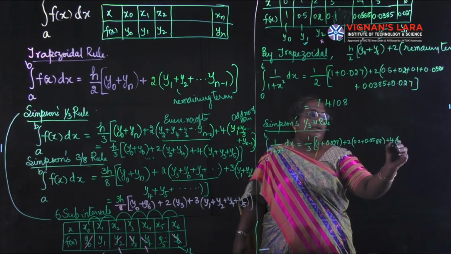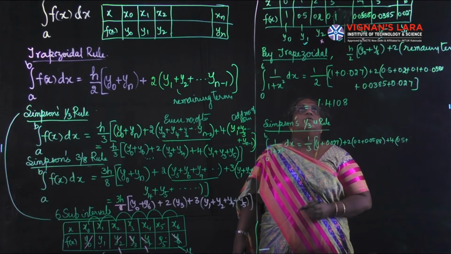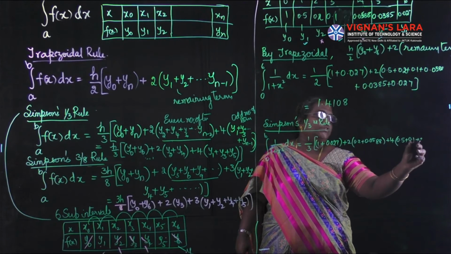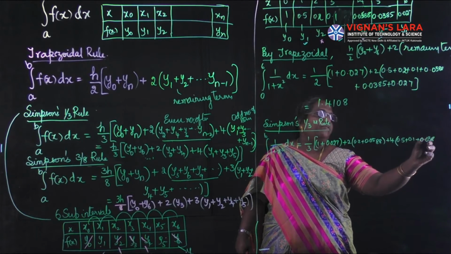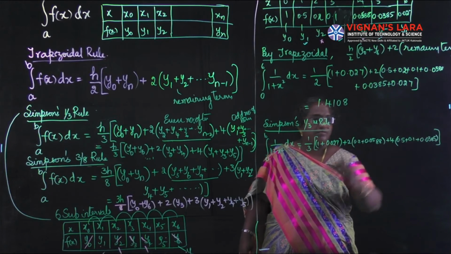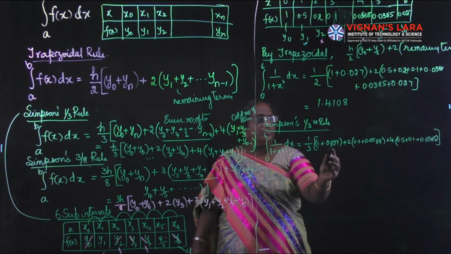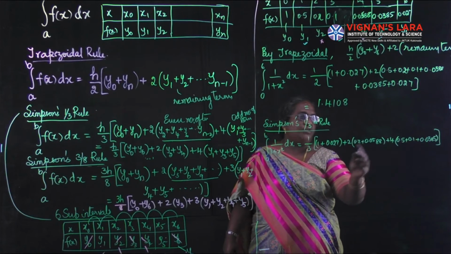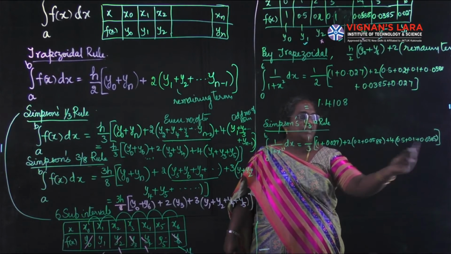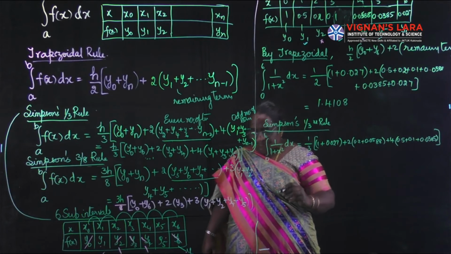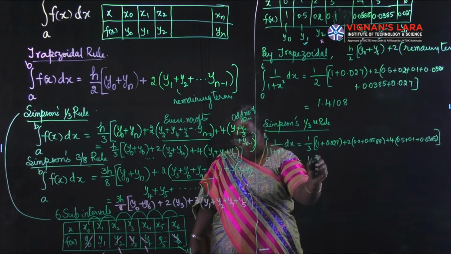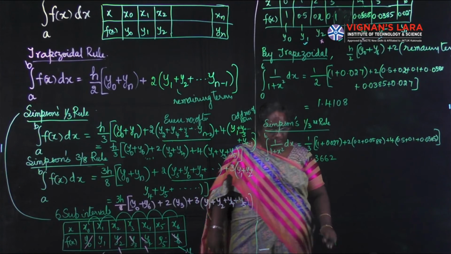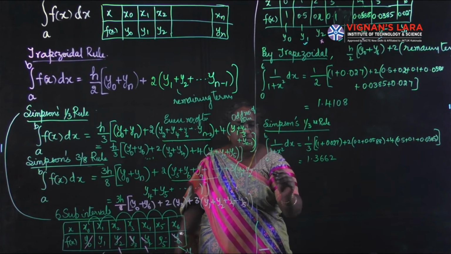It is 0.5, y3 is 0.1, y5 is 0.0385. So this is the substitution. You don't see y0 and y6 anywhere. No repetition of any value. If you evaluate it, it comes to be 1.3662.